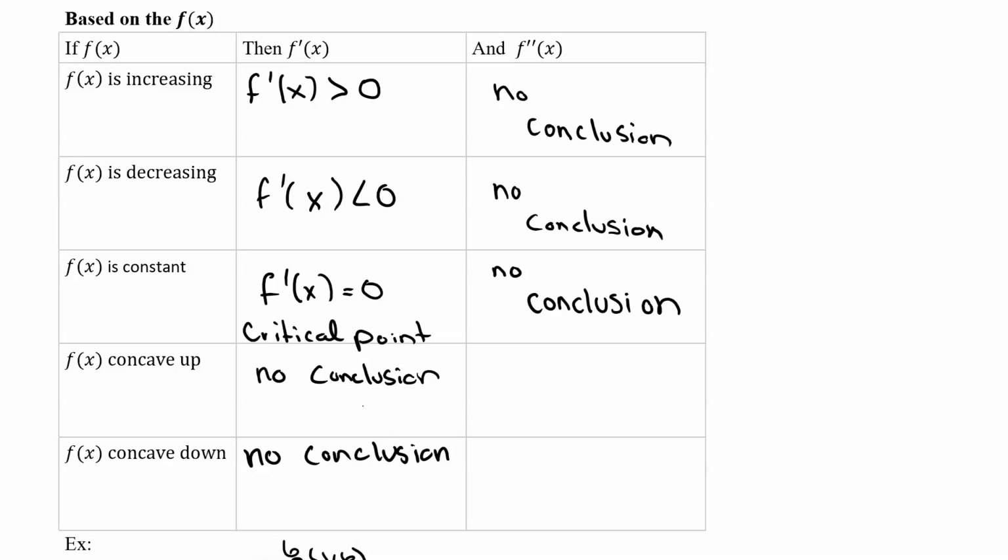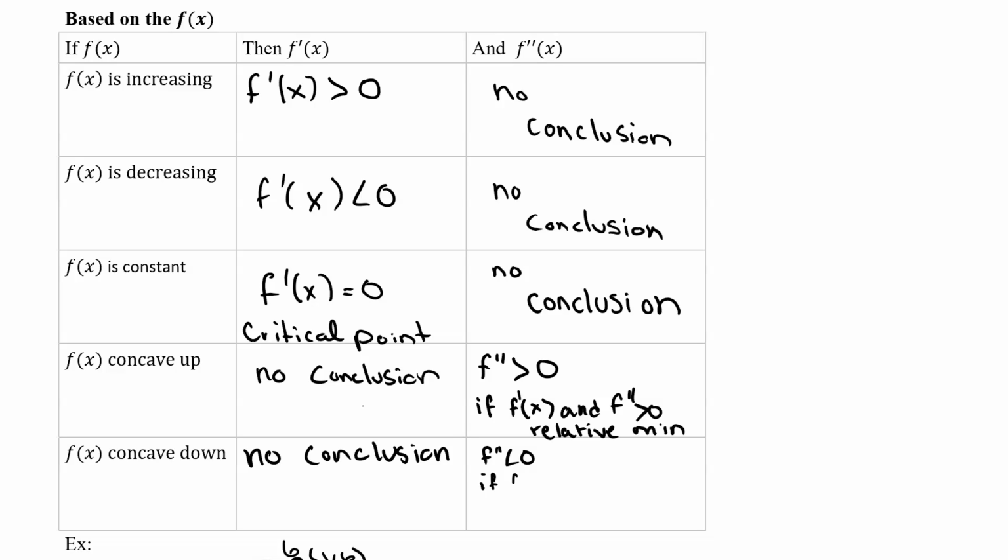All right, so concave up means our second derivative is greater than 0. And if we're talking about when our first derivative equals 0 at a critical point and our second derivative is positive, then we have a relative min. Right? For concave down, our second derivative is negative. Right?